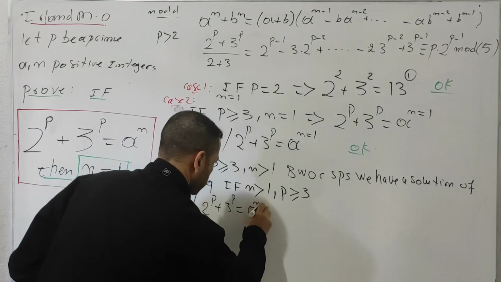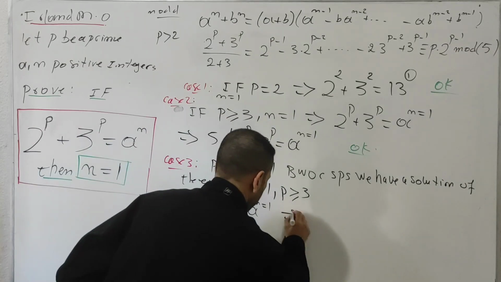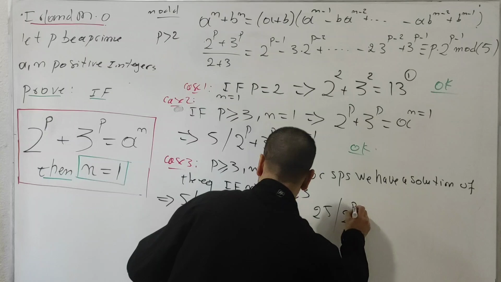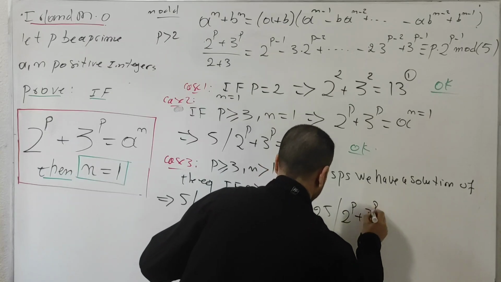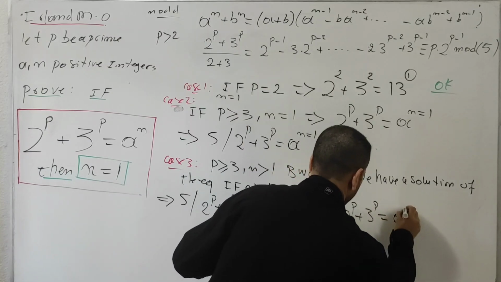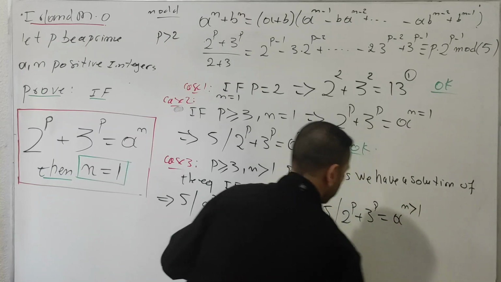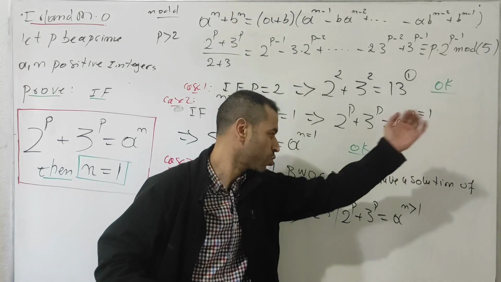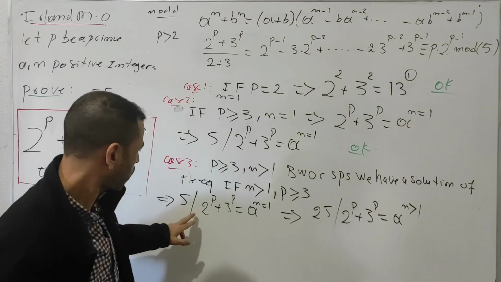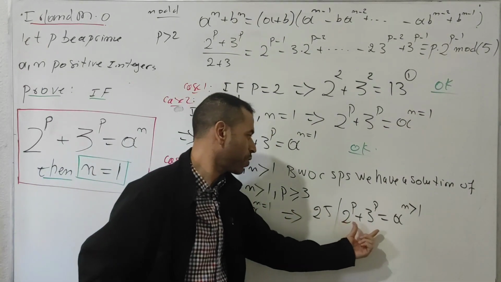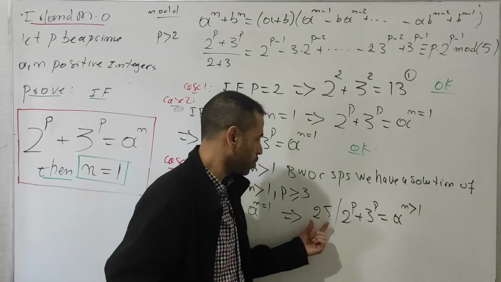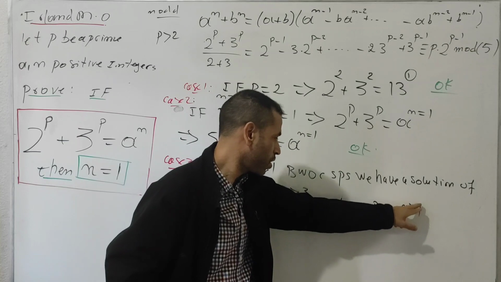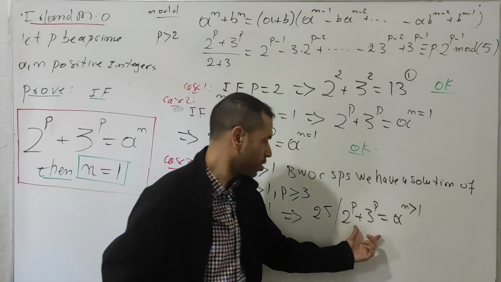Okay? This one is telling us 25 divides 2 to the p plus 3 to the p equals a when we have n strictly greater than 1. Okay? We can have a squared, a cubed, a to the 4th, and so on and so forth. Since 5 divides this one, that means 25 divides it when we square this one, because 25 is a multiple of 5. So whatever the value of n here, 25 divides this one.